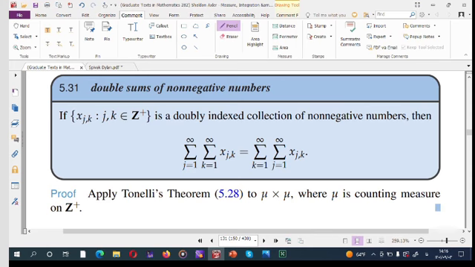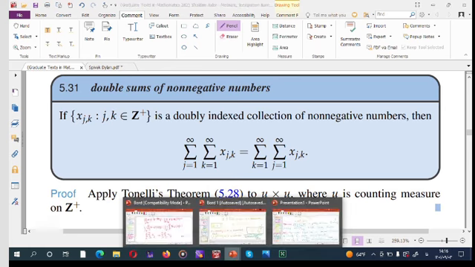Okay, we can change the order of summation. This equality holds by Tonelli's theorem if we consider X and Y in Tonelli's theorem equal to Z plus, the natural numbers, and mu and nu both equal to counting measure.